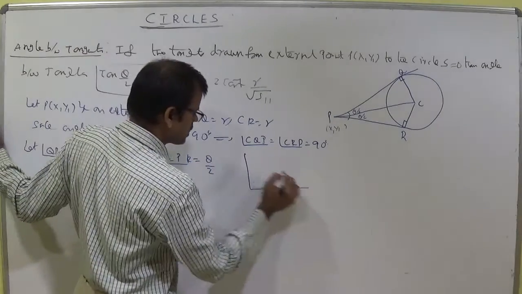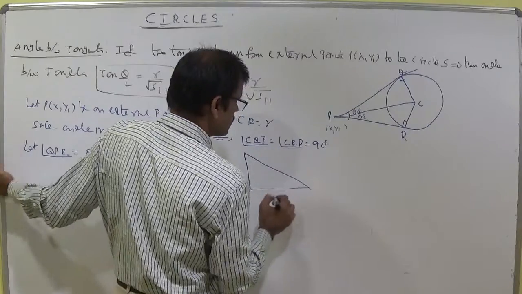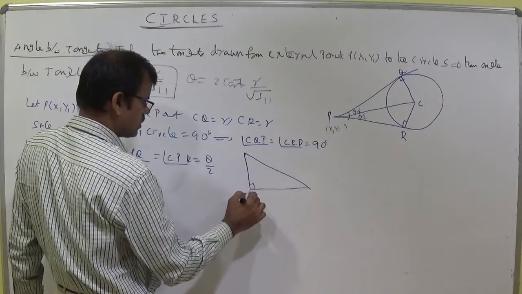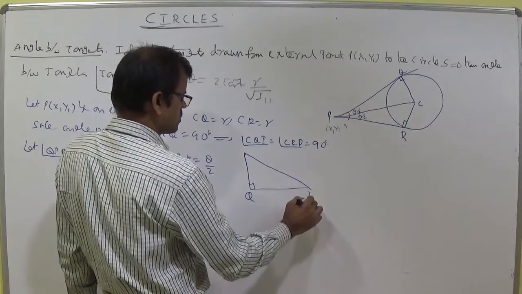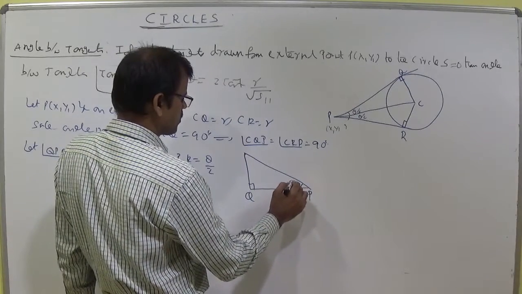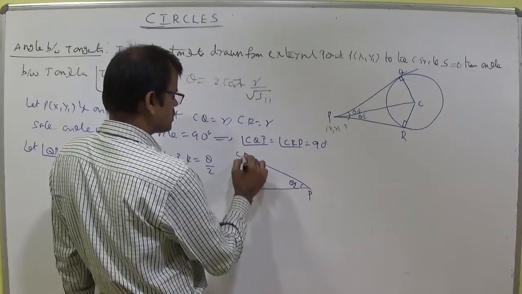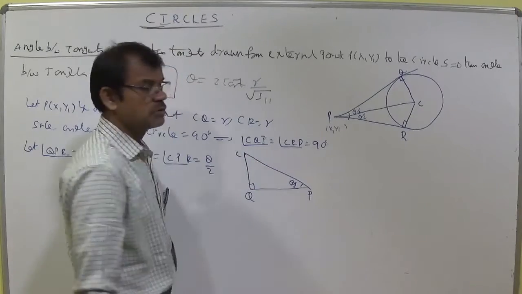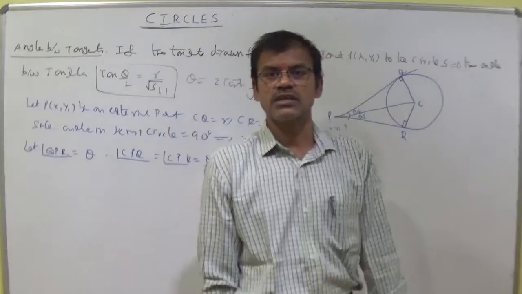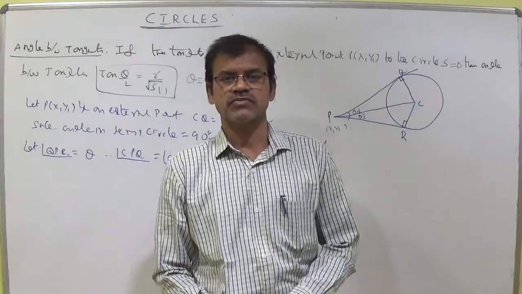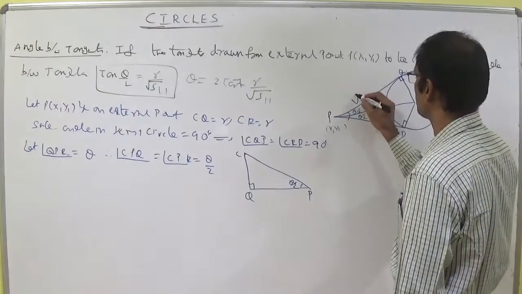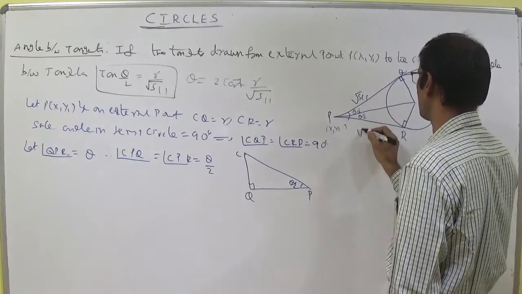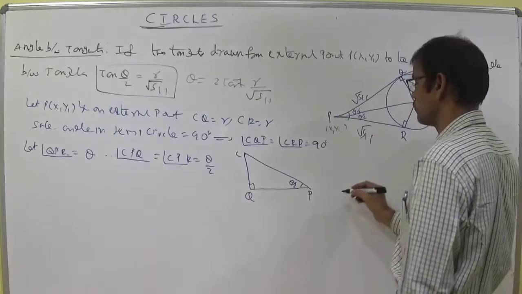Now using the right angle triangle. Take here, this is Q as the right angle, this is P. Here you put theta/2. Here you can put C. Students, we know that the length of tangent, already we discussed in exercise 1B, is root S11. So PQ is root S11 and this is also root S11.